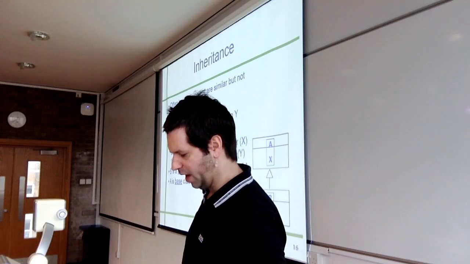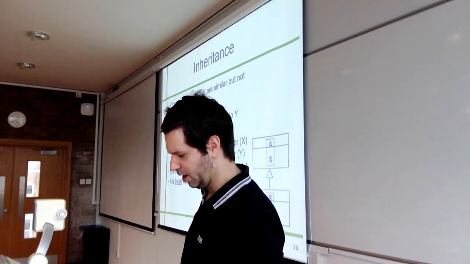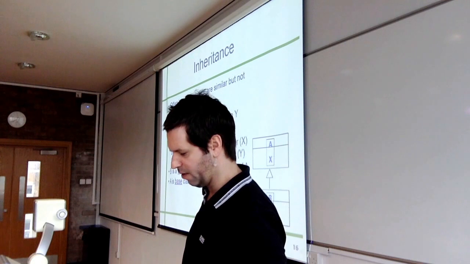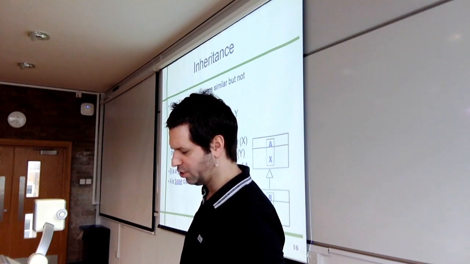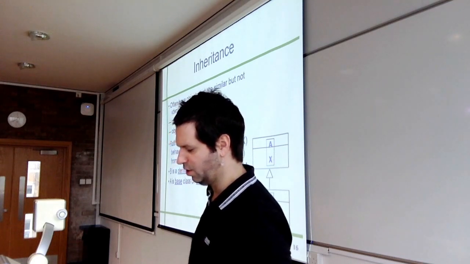So an object A can do X. It can carry out some function. Object B can also carry out that function, but it can carry out an additional function.